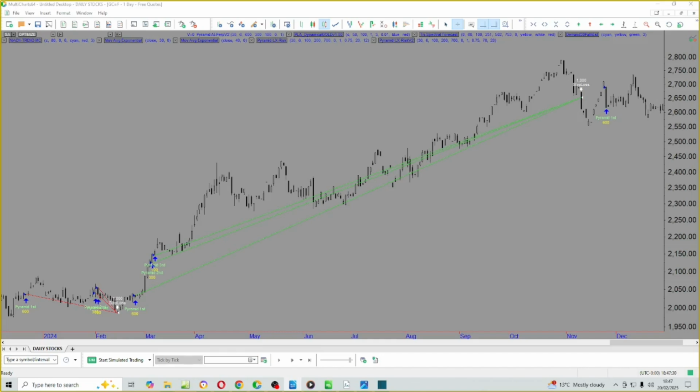So the first point is that pyramid entries always give a worse entry price. That's if you're following the method as I am, which is waiting for the stop loss to lock in the profit of the first trade before adding the second, and the same for the second one to go up before adding the third.